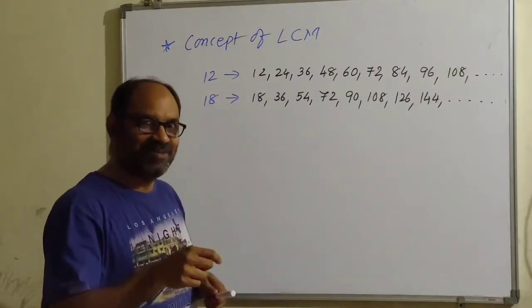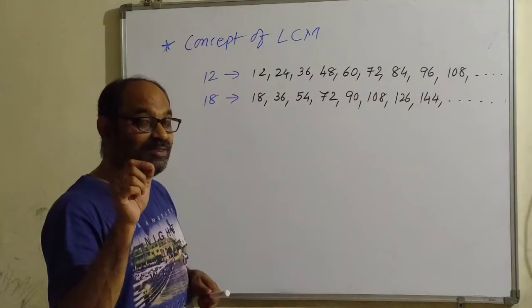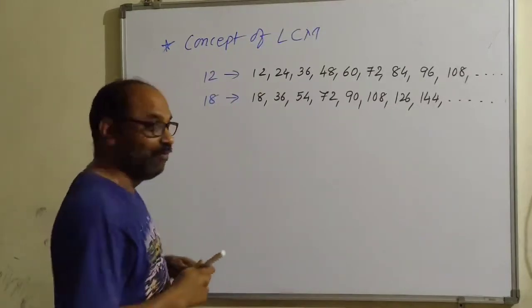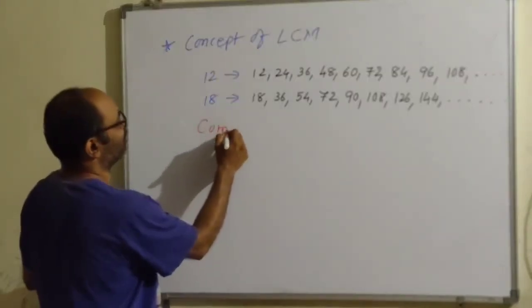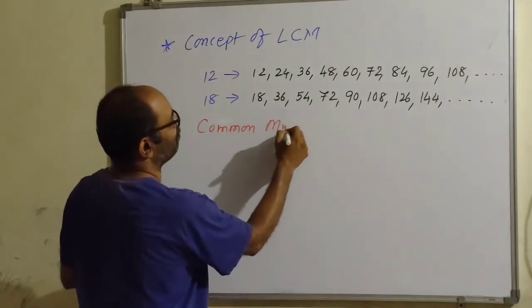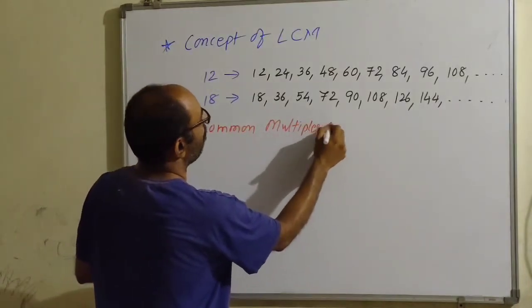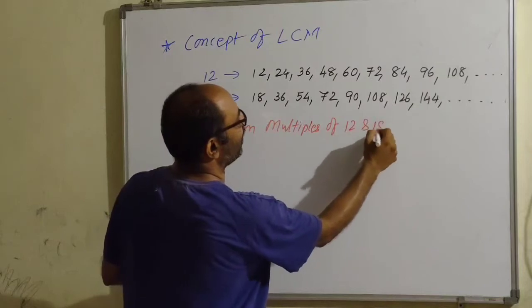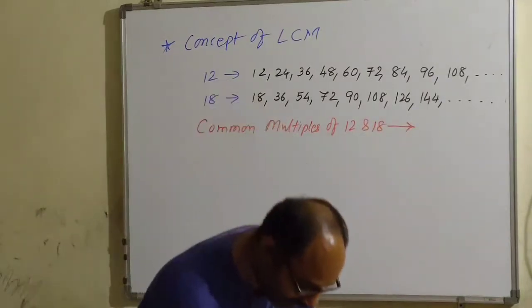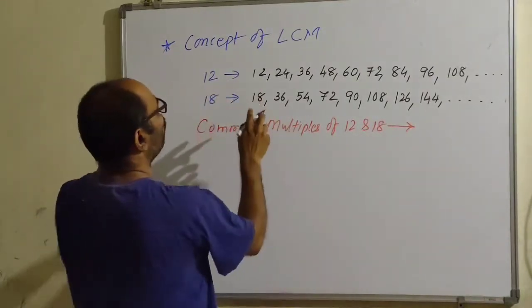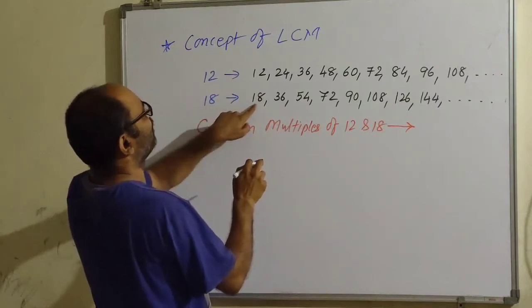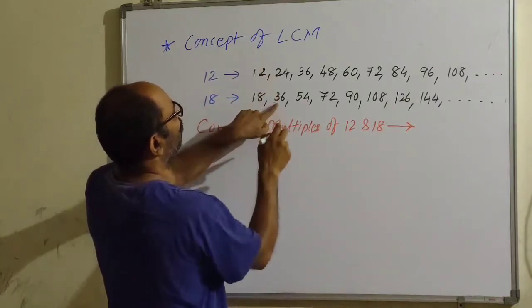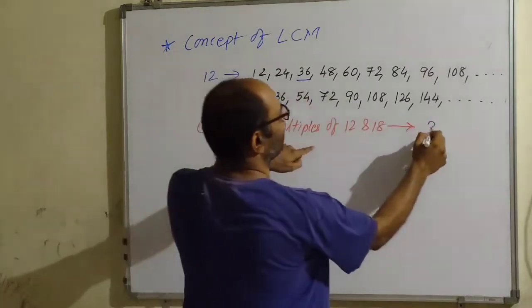Now let's find out the common multiples of 12 and 18. Which are they? Let's find out. This is the larger number, so let's see. 18, it's not common. 36, yes.